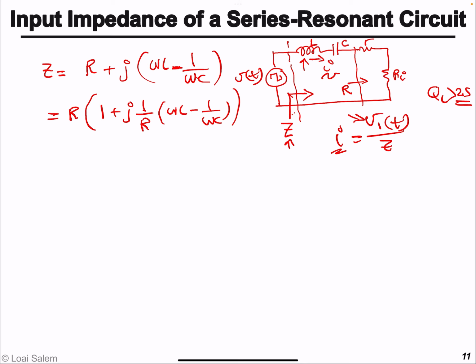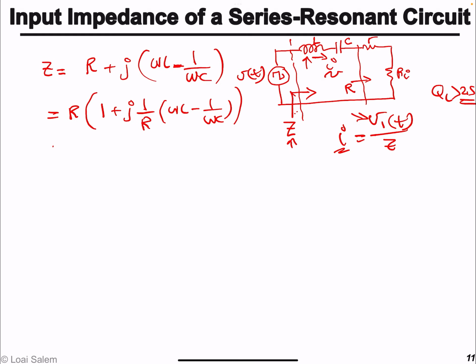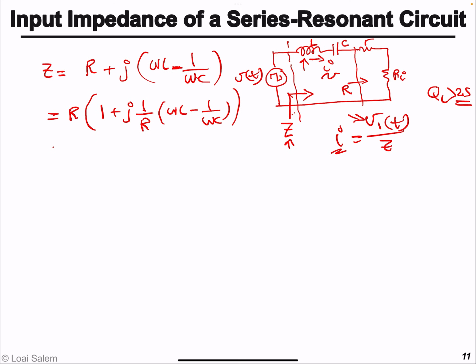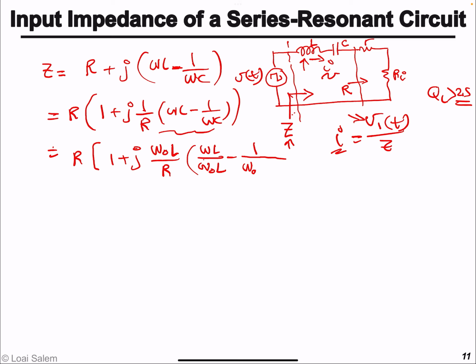And then if we take omega naught as a common factor from this second term, we'll have R times 1 plus j, and then we have omega naught L divided by R, times omega over omega naught, minus 1 over omega naught omega LC.